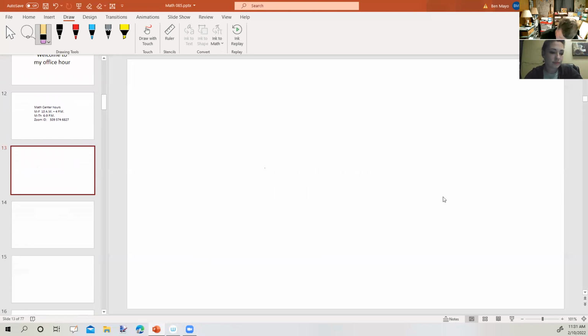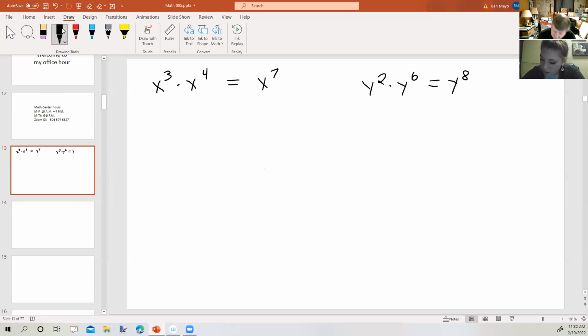Let's say we have x cubed times x to the fourth power. We're multiplying two powers with the same base. The shortcut is that we add the exponents. So x cubed times x to the fourth is x to the seventh power, or y squared times y to the sixth power is y to the eighth power.